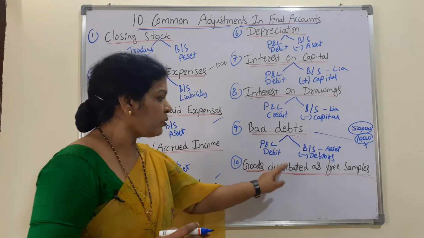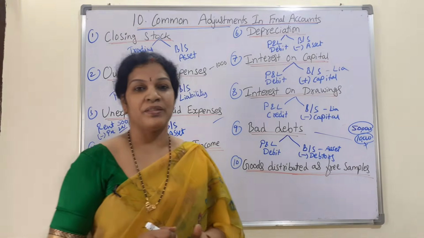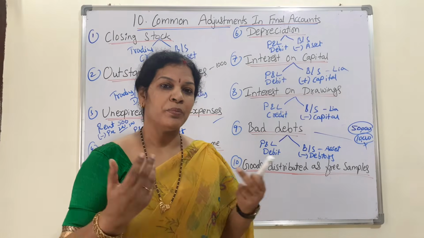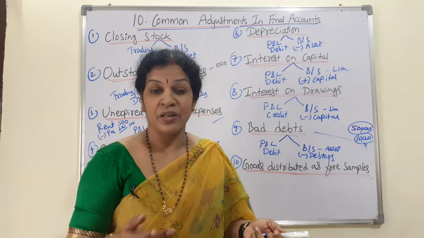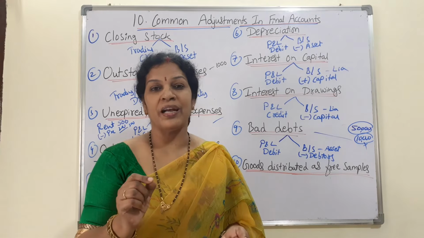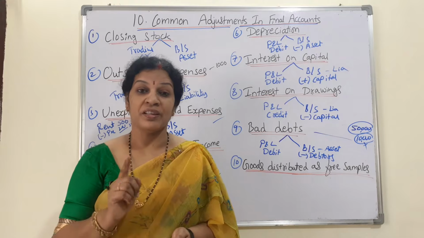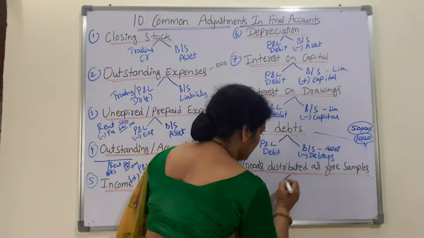Now next one, goods distributed as free samples. Sometimes to promote our business, to increase sales, we distribute some goods as free samples. When you distribute goods as free samples, the effect will be twice.